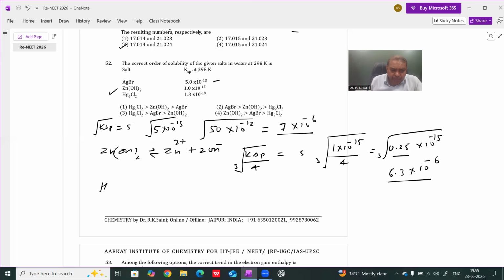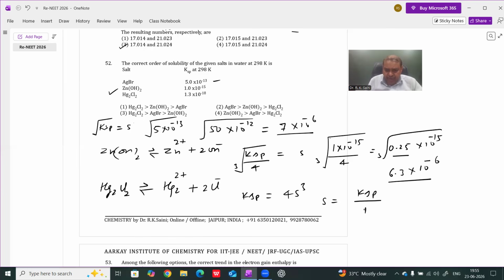Now, mercurous chloride also gives the mercurous ion. We know that the mercurous ion exists in the form of a dimer, along with 2 chloride ions. Therefore, its KSP is 4S cube, and S equals the cube root of KSP divided by 4.